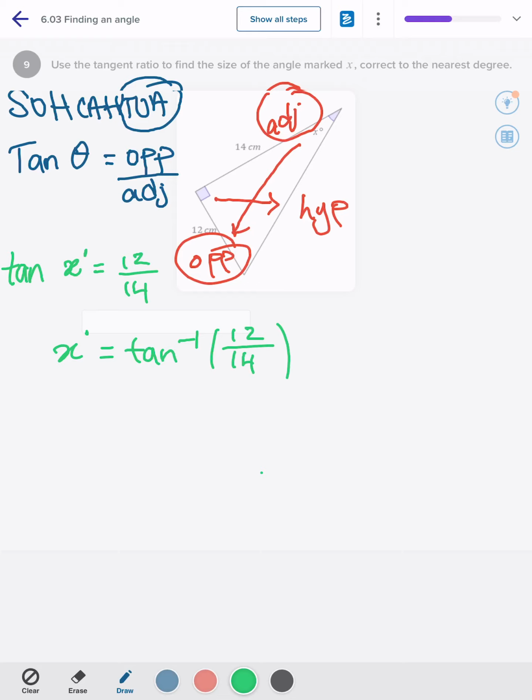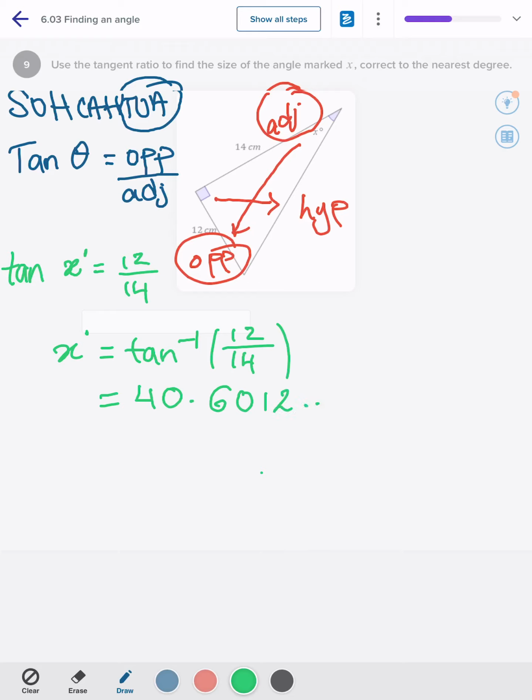This is exactly what I will enter on my calculator. I will start by pressing shift tan, and I'll enter my value 12 over 14, equals.